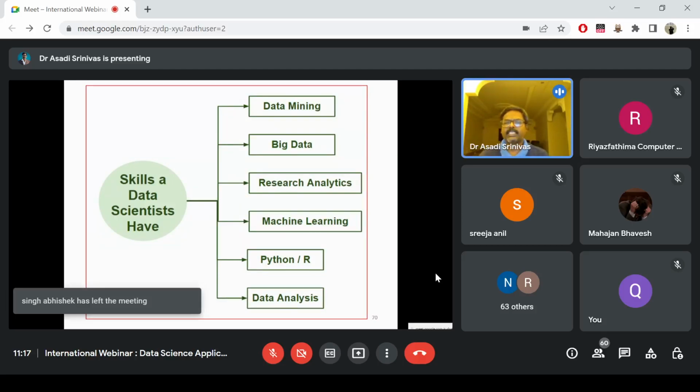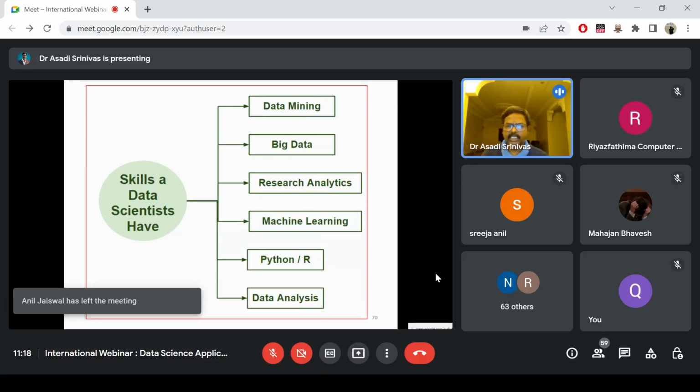Data mining is nothing but extracting meaningful, interesting patterns from a huge volume of data. By applying classification, clustering, association rule mining, we are solving data mining applications. Big data deals with various V's: volume, velocity, variety. We are using Hadoop, Spark, and Hive, HBase, various big data tools.